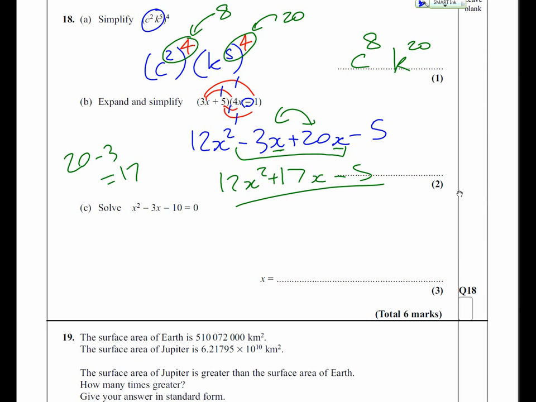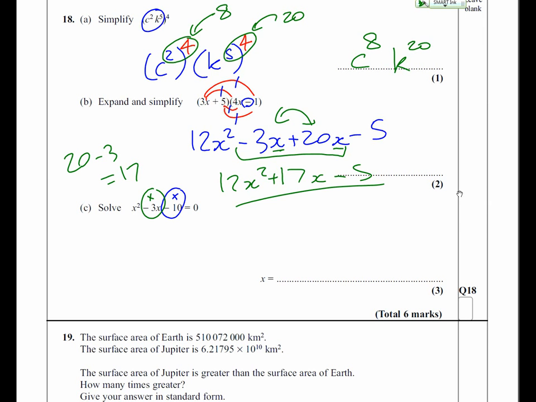Solve the equation. X squared minus 3x minus 10 is 0. Okay, so we should be able to factorize. We want two numbers that multiply to make the number on its own. I do have a video on this called Factorizing into double brackets if you want to check it out. I have to add to minus 3.